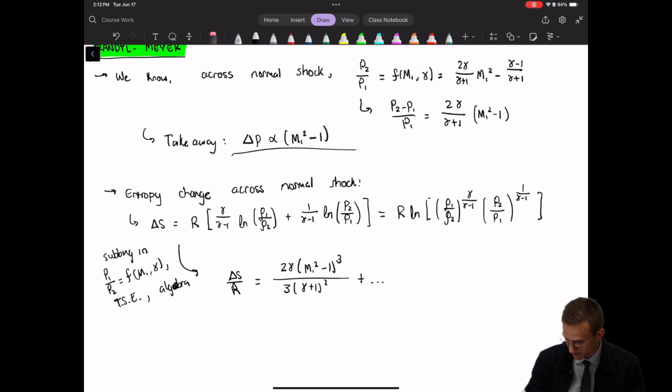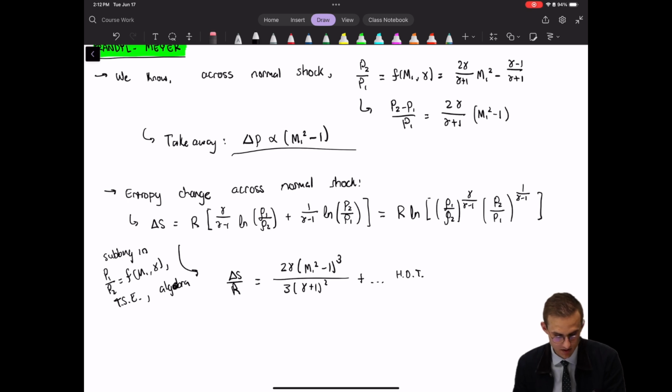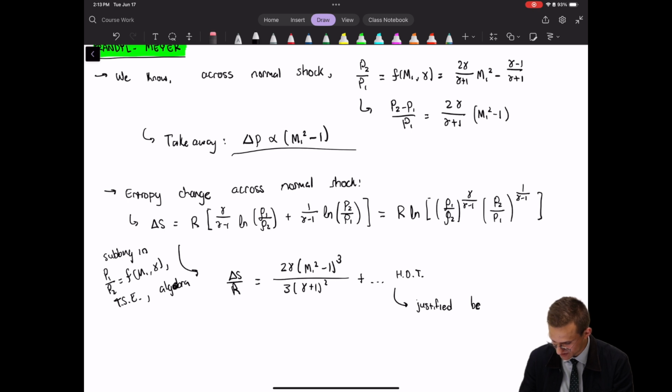Plus dot dot dot, basically higher order terms, which is what I'm saying by HOT. And then omitting all those higher order terms is justified because right now we're focusing on the weak shock limit.